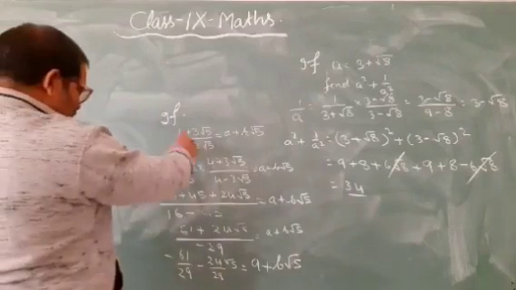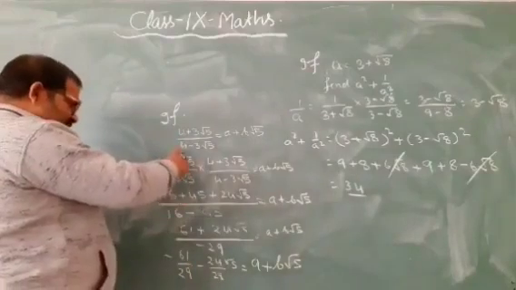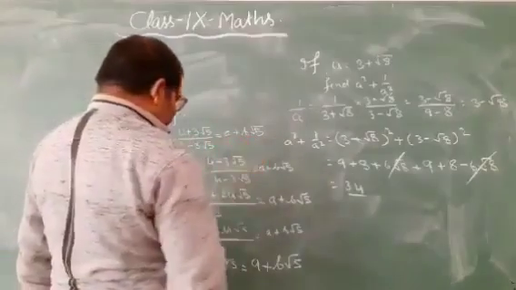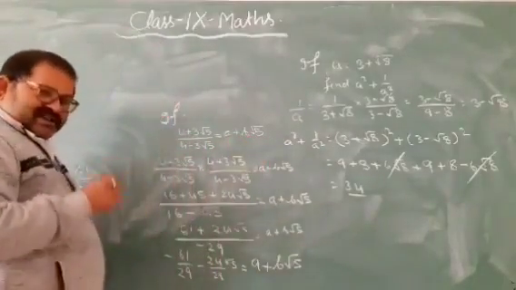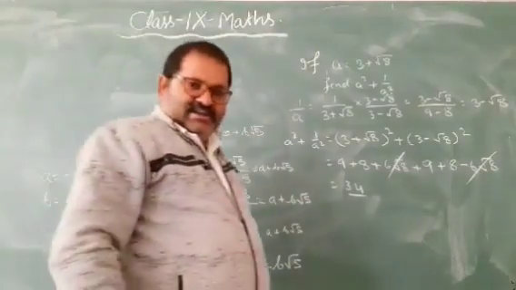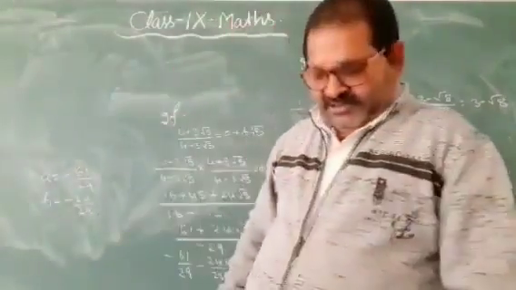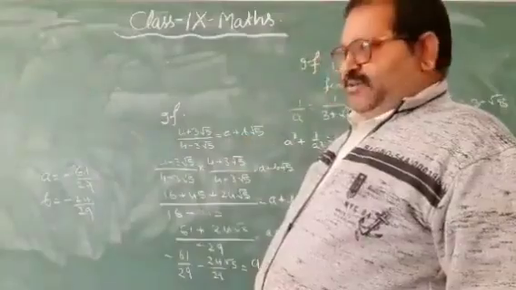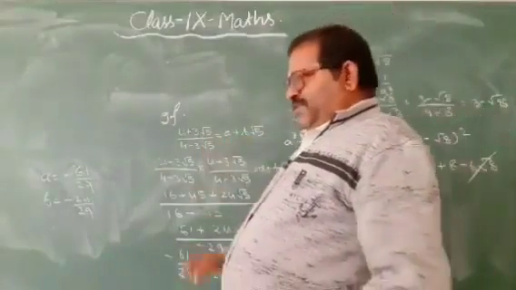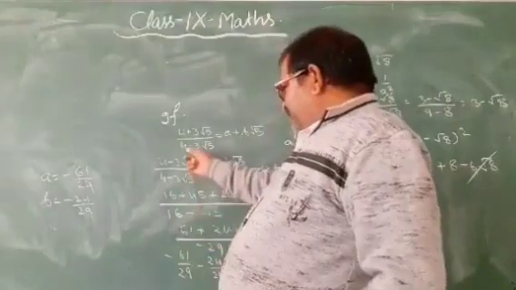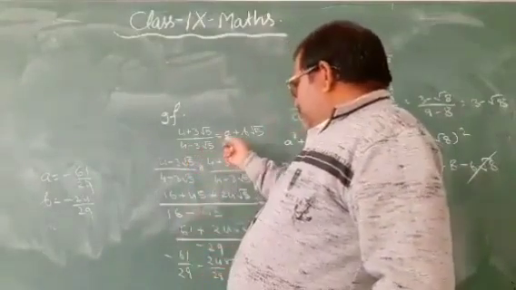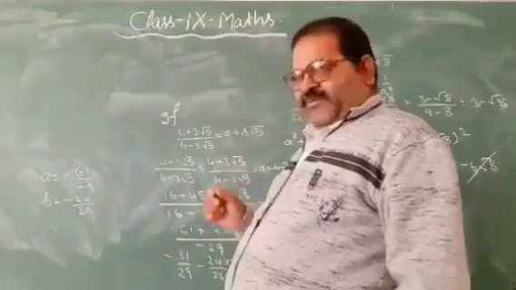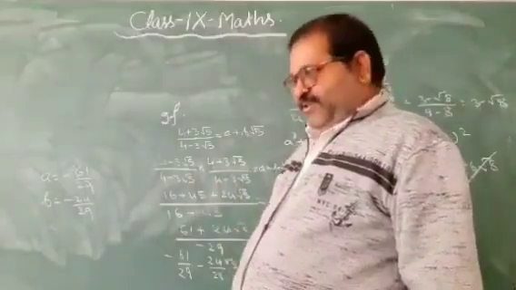If 4 plus 3 root 5 upon 4 minus 3 root 5 equal to a plus b root 5, where a and b are rational numbers, find the value of a and b.